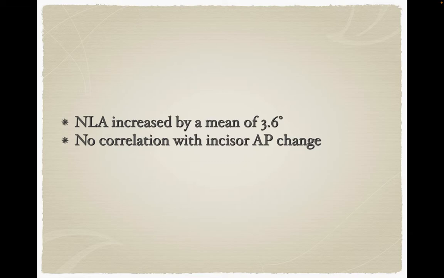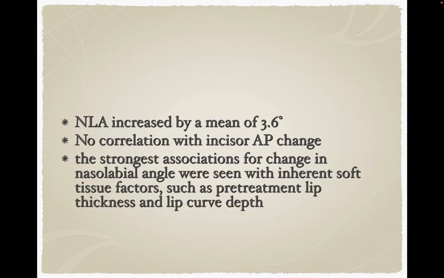That makes sense because I'm retracting the upper incisors more, so I should get more retraction of the lips and more increase in the nasolabial angle, but this is not the case. The strongest association for changes in the nasolabial angle were seen with the inherent soft tissue factors, such as pre-treatment lip thickness and lip curvature depth.